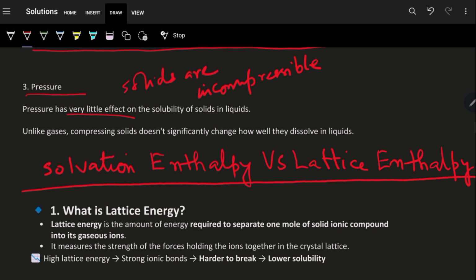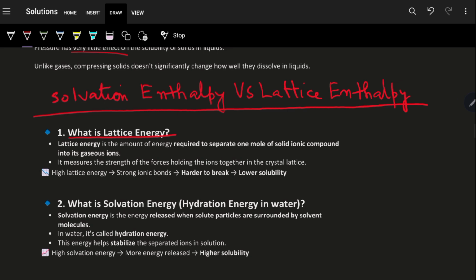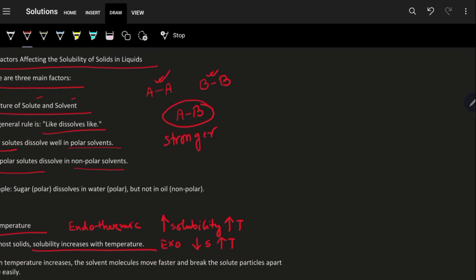Now, when I'm talking about solids, I have to talk about something known as lattice enthalpy, lattice energy. So, there is a competition between this and solvation enthalpy, the energy released due to this AB interaction. The energy that is released is your solvation enthalpy, that's your change in solvation enthalpy.